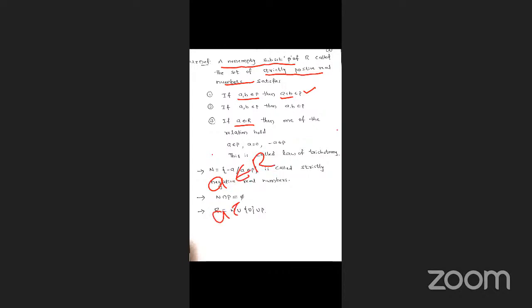A belongs to P, strictly positive, or A is equal to 0, or minus A, meaning a strictly negative real number, belongs to P. Here A belongs to a real number, then it satisfies only one of these: A belongs to strictly positive, or A is equal to 0, or A is strictly negative, that is, minus A belongs to P. Only one holds, given A belongs to R.